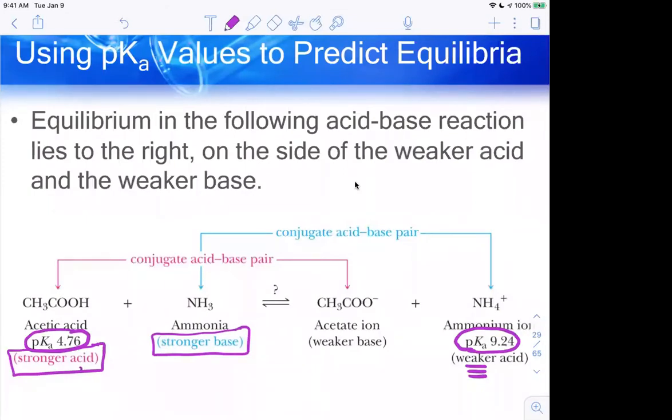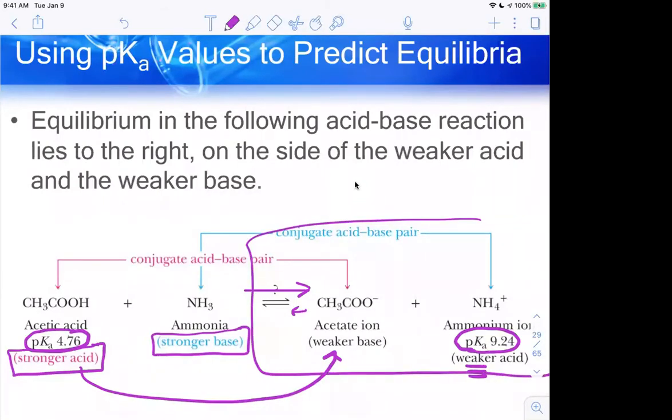The stronger acid gives me the weaker base. So this is going to lie to this side and only a little bit here. So these products are going to be favored in this reaction because this is the weak side. The product side contains the weaker acid and the weaker base. Equilibrium will lie towards the product, which means this reaction will actually proceed as written.